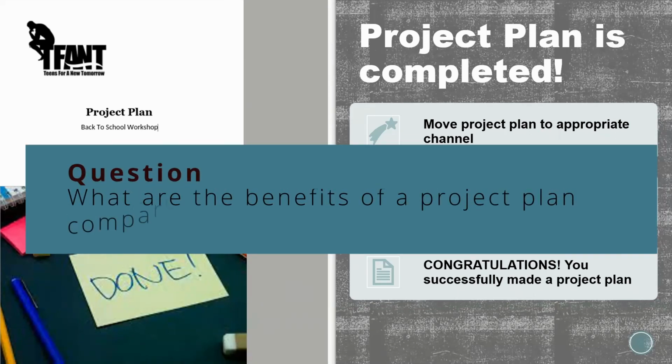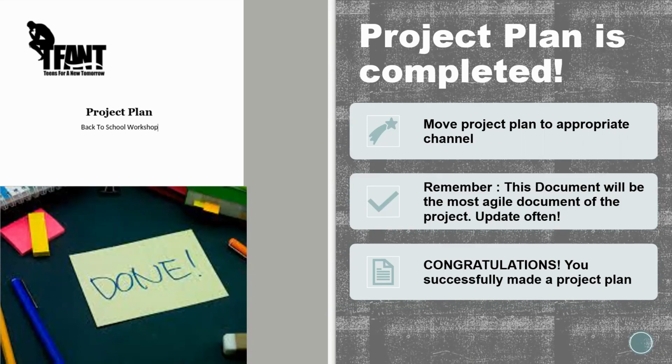So, what is the benefit of using a project plan rather than just using a to-do list? The benefit of using a project plan is that you can share it with other people as well, and it's easier to read than a to-do list. It also has a purpose statement there. So since you have that purpose statement, it'll motivate your team as well.